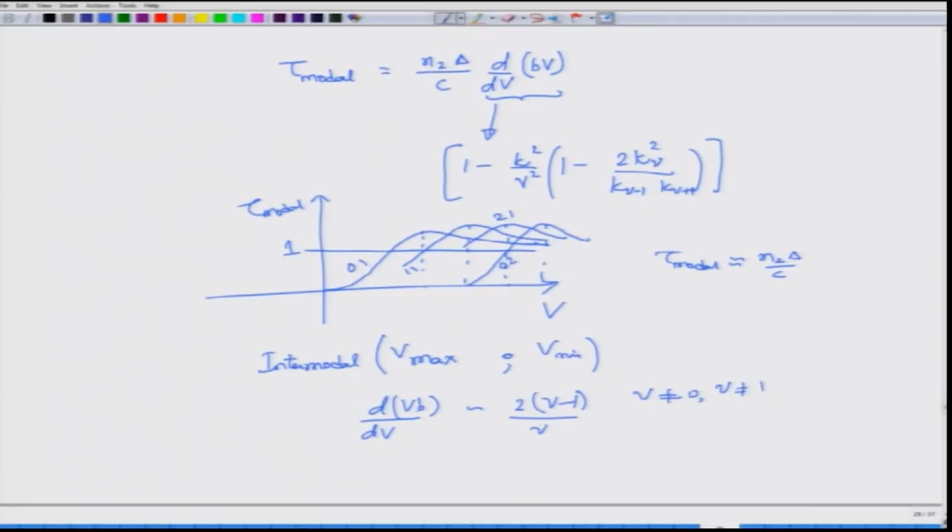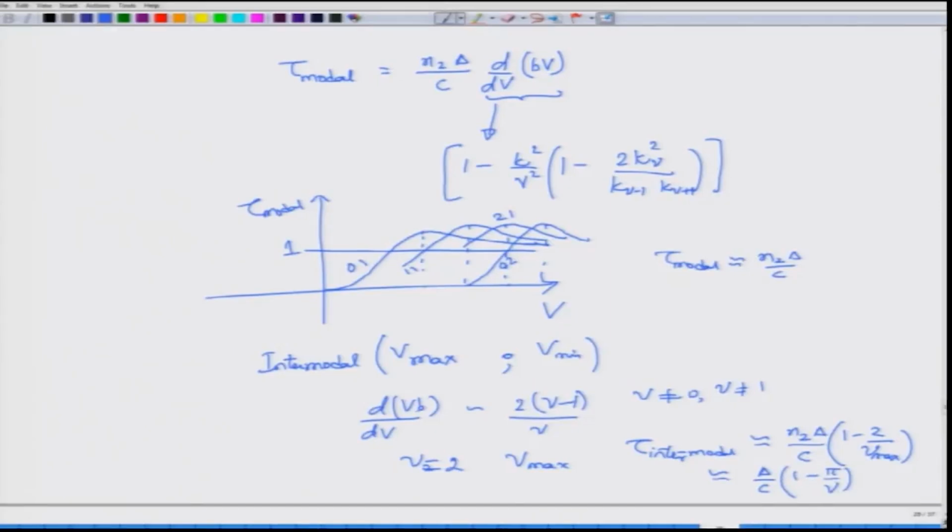When you look at this expression and calculate the difference between, say, nu equal to 2 and some nu max, you will see that this intermodal delay can be approximately written as N2 delta by C times 1 minus 2 nu max. So, when you start exciting larger and larger numbers of modes, you will see that intermodal delay depends on this. And this further can be approximated as delta by C times 1 minus pi by V, V being the parameter that you already know.